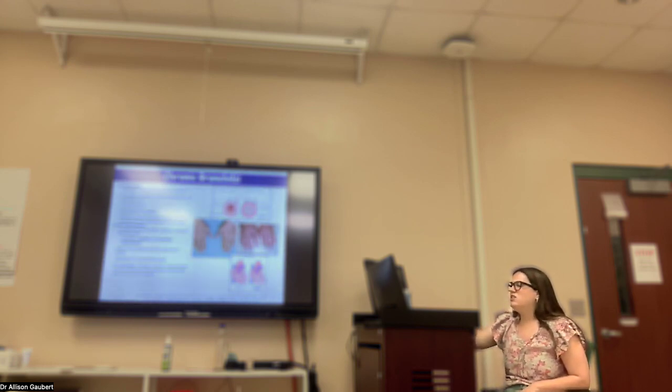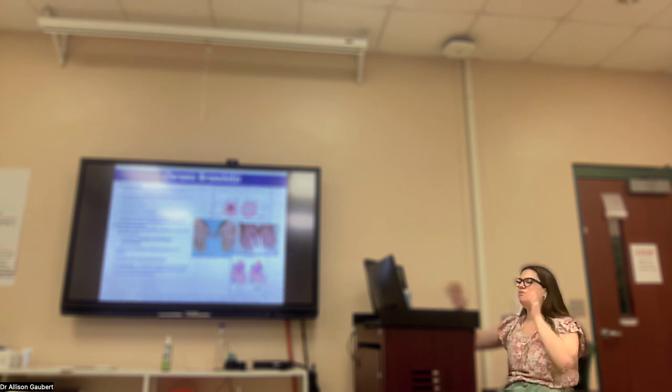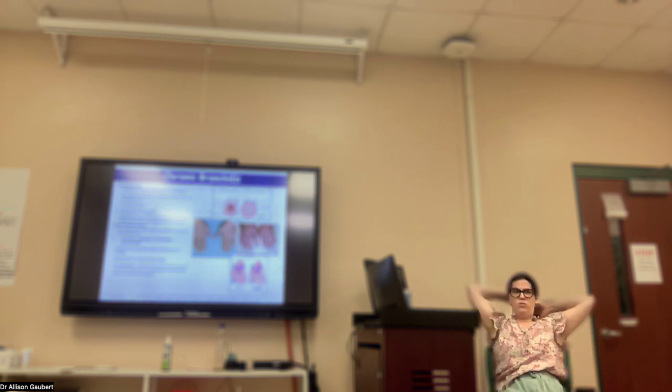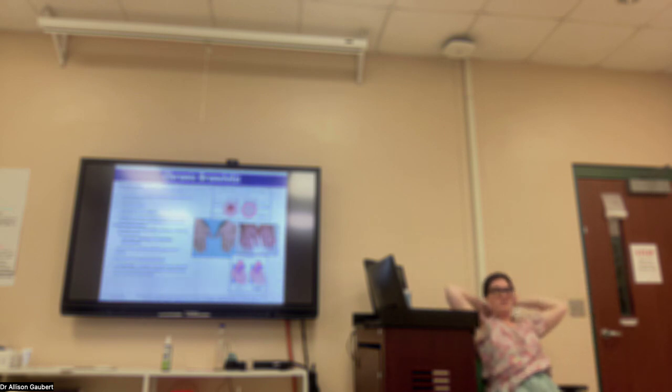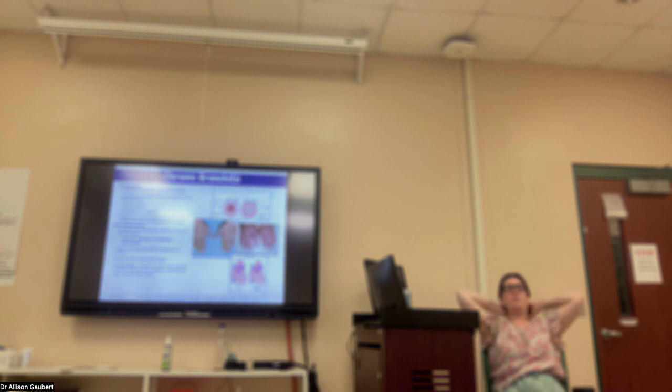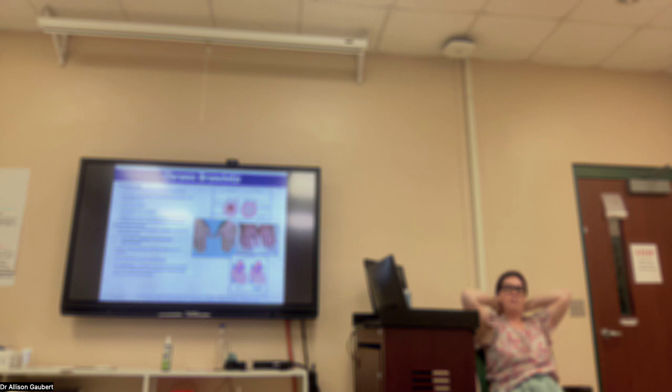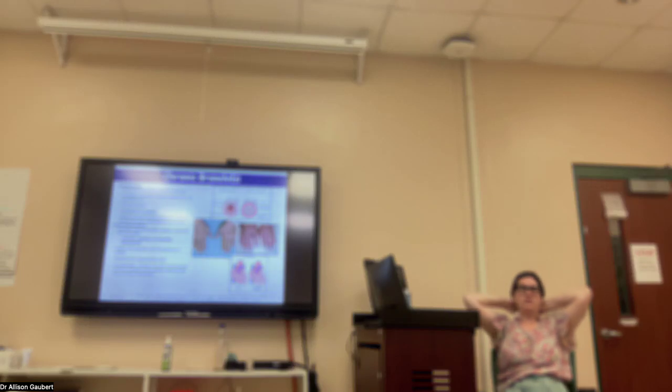So that condition is called cor pulmonale, where we see increased size of the right ventricle. And that contributes to heart failure associated with COPD, right? So very, very common that you see these two conditions in one patient because they contribute to one another, okay?